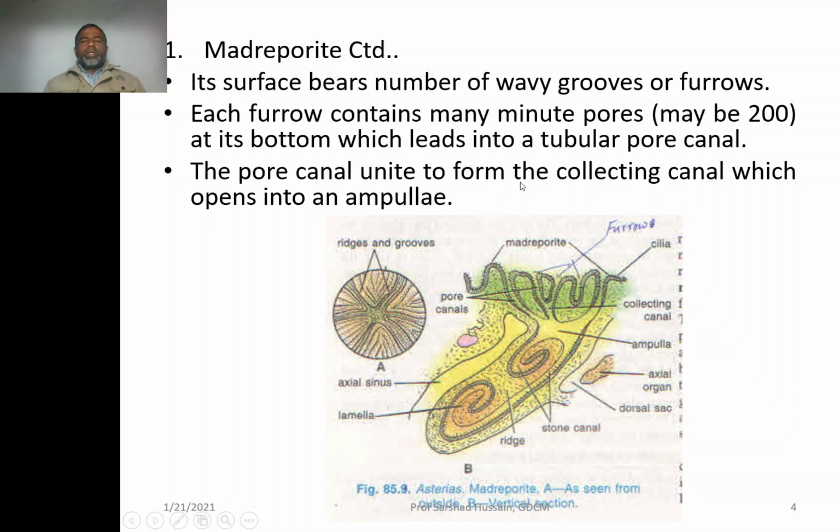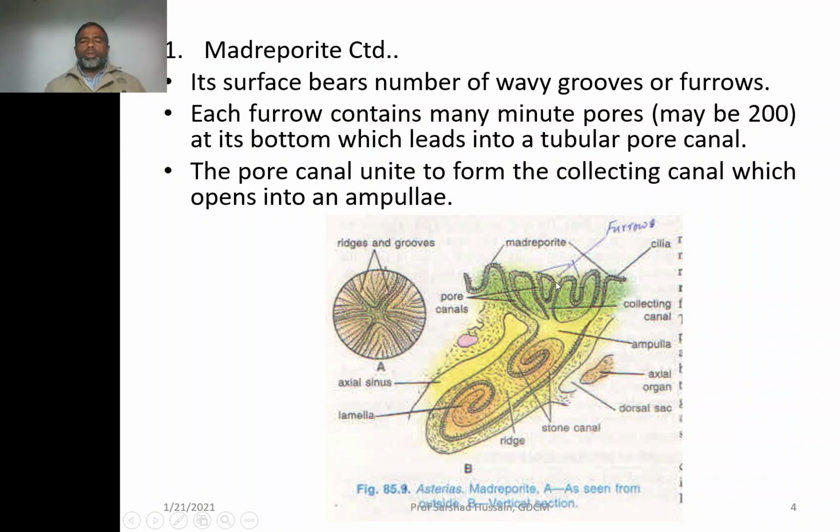Its surface bears numerous wavy grooves. You can see these lines are showing the wavy grooves on the surface of the madreporite. This is the longitudinal section of the madreporite shown over here. Each furrow or groove contains many minute pores.